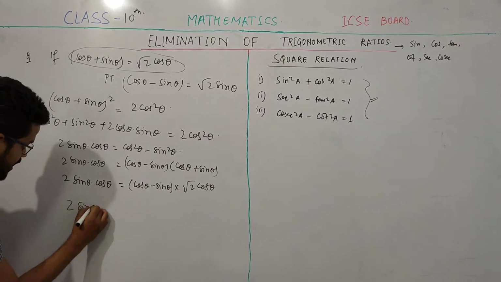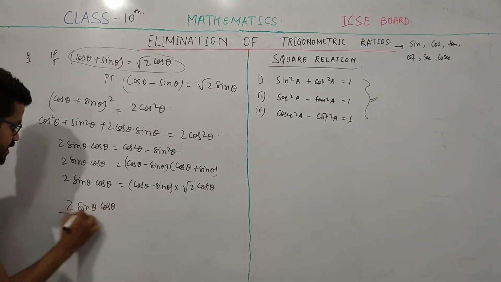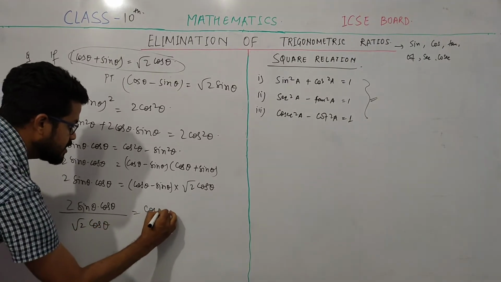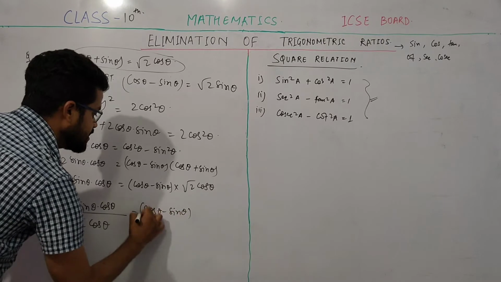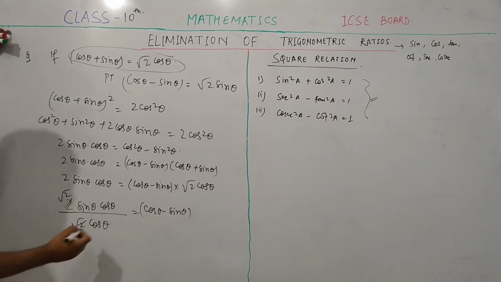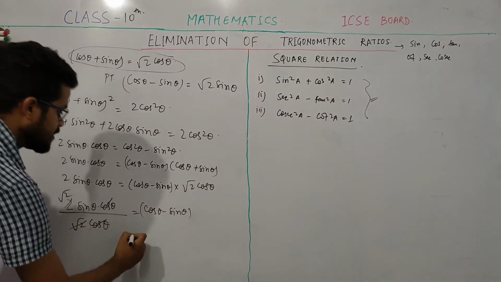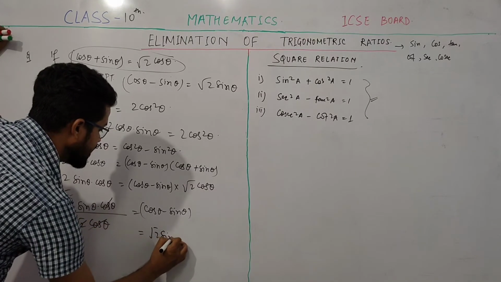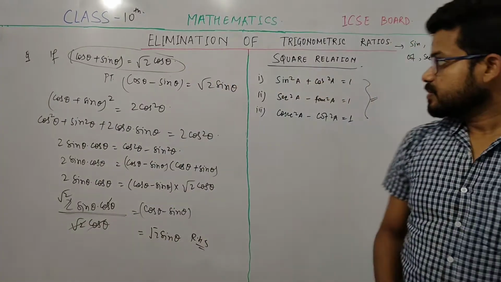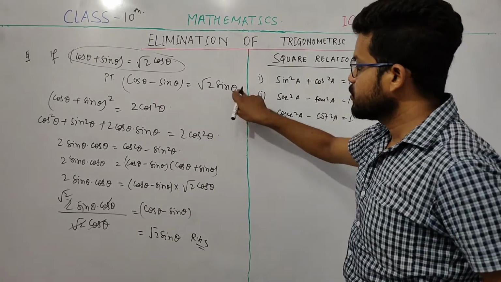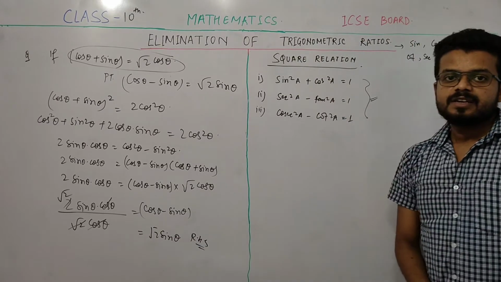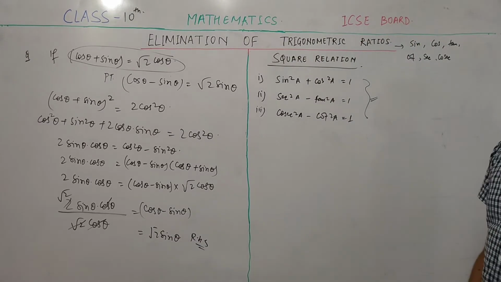So I write here 2 sin theta into cos theta divided by root 2 cos theta is equal to cos theta minus sin theta. So this root 2 cancels, root 2 remains, and this cos theta cancels. So this becomes equal to root 2 sin theta, which we have to prove. This is cos theta minus sin theta is equal to root 2 sin theta. Okay, this is the proof.